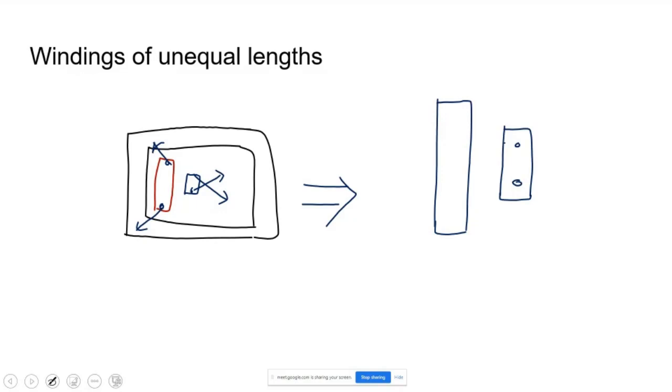They are divided into two parts, and you consider the center of gravity of each half of the winding. That makes it easy for the analysis. Now the radial opposing force will be along the lines joining these two centers of gravity, like this, and here like this.